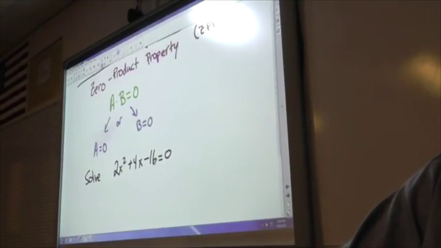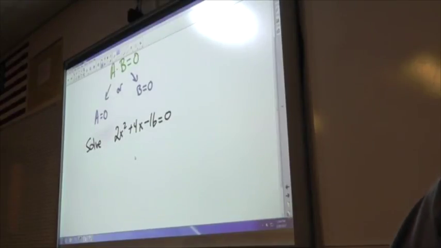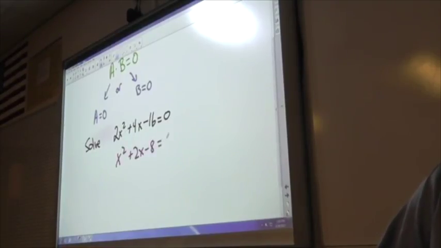What's the first thing you should do? You don't even have to factor. You can just divide everything by 2, right? Now, would you guys rather factor this, or would you rather factor this? Which one looks nicer to you?